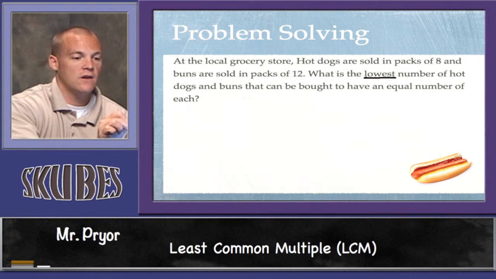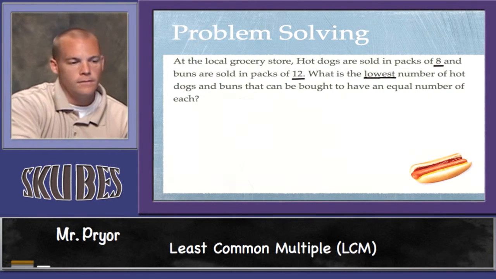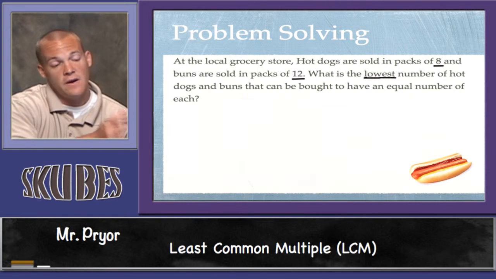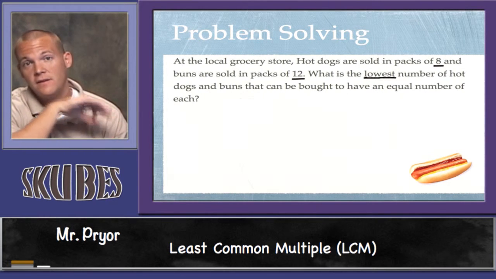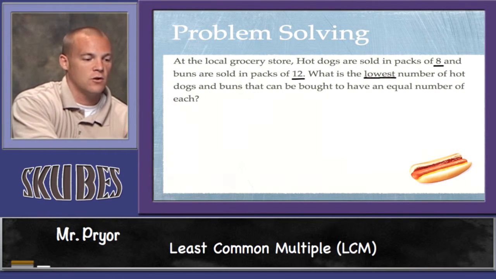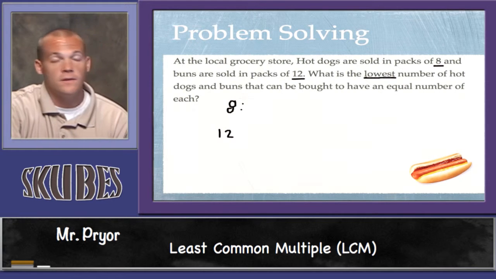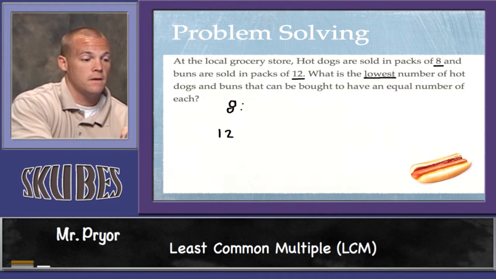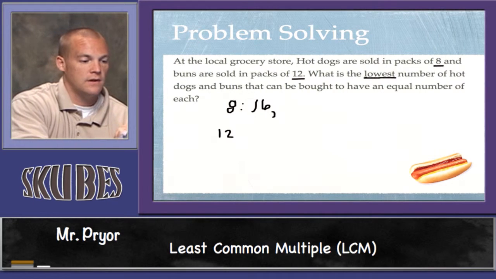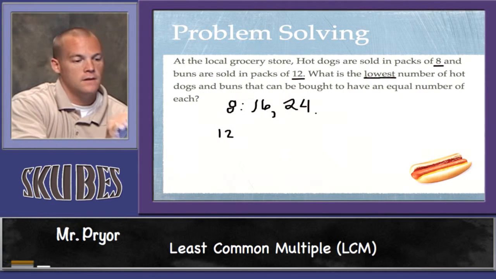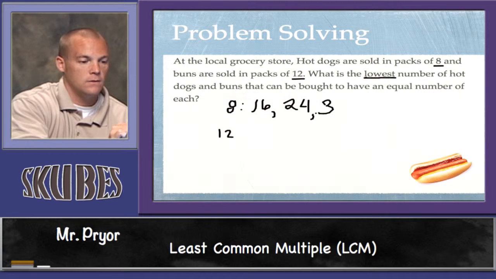So they give us our two values of 8 and 12. And we can go ahead and set up how we did it. Now I realize we just did this in the ladder method, so let me go back and do this in the multiple method, finding the multiples, so you can see how it would be done that way. So let's find the multiples of 8. Your multiples of 8 would be 8, 16. All right, and then 8 times 3 gives you 24. Then 8 times 4 gives you 32.